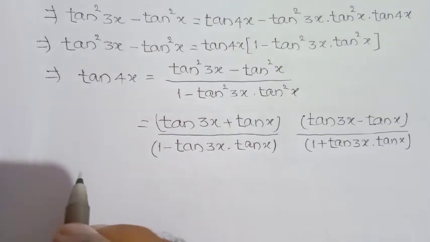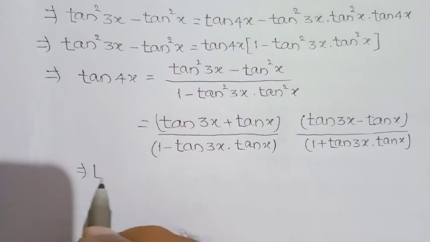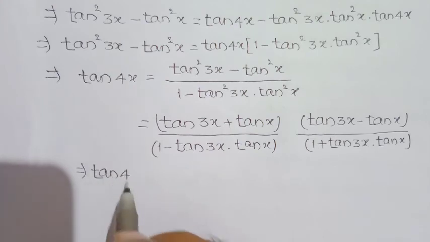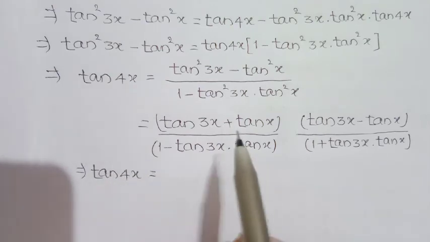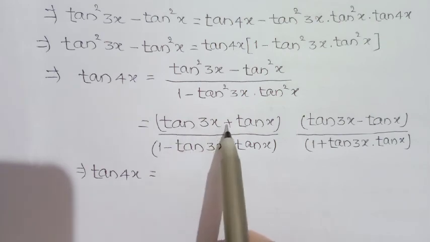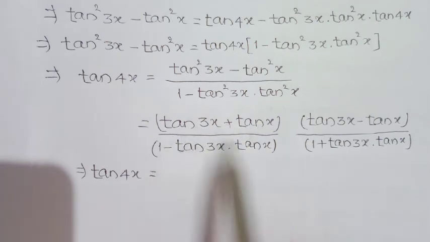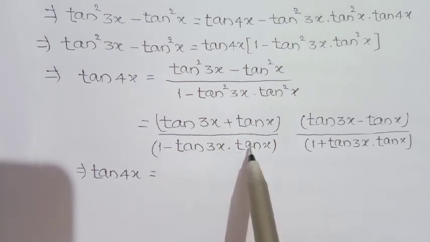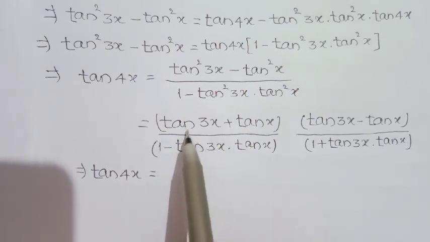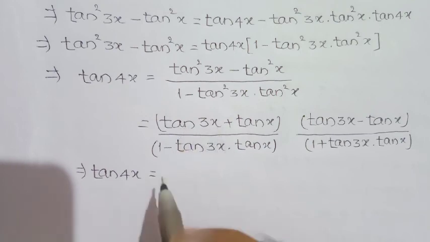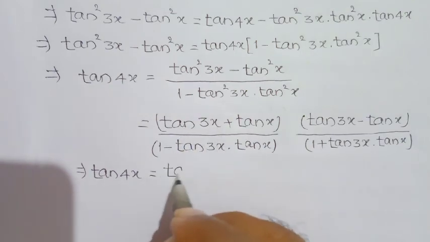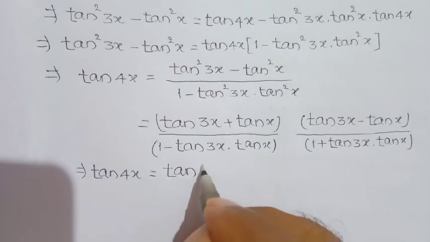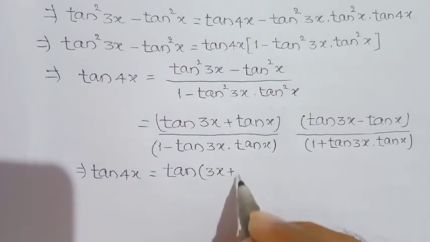So further, tan 4x on the left side should be equal to, see, tan a plus tan b divided by 1 minus tan a into tan b. This is the formula for tan of a plus b, meaning tan of 3x plus x.